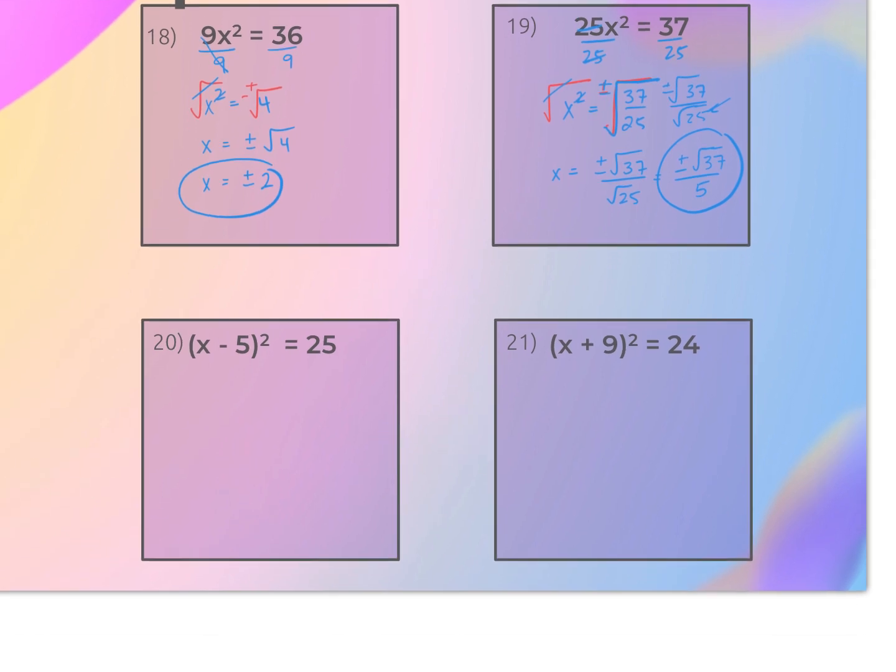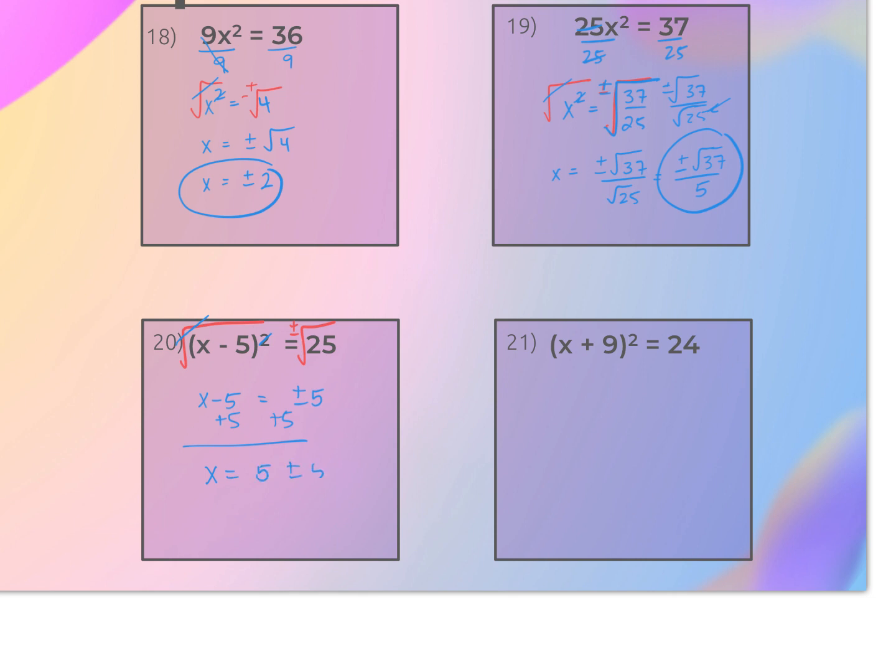So last two on this page, the number 20, I take the square root of the expression plus minus the square root of the other side. This is going to leave me with x minus 5 equals plus or minus 5. And then I'm going to add 5 to both sides. Now again, we like to do that in the front.